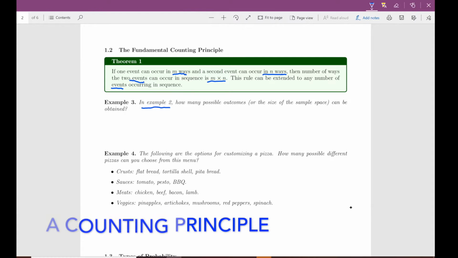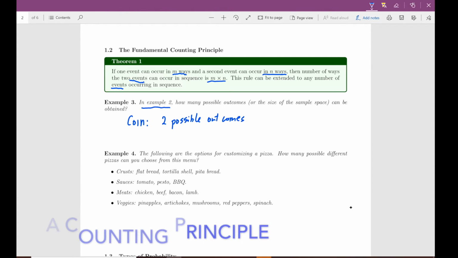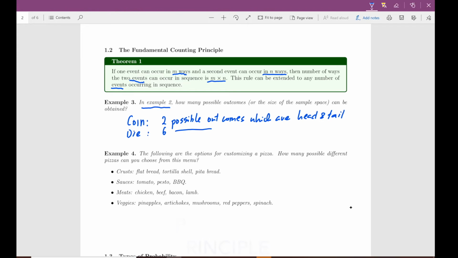Now, if we look at this example here, we should talk about example number 2. For a coin, the 2 possible outcomes are head and tail, right? For a die, there are 6 possible outcomes, which are 1, 2, 3, 4, 5, 6.